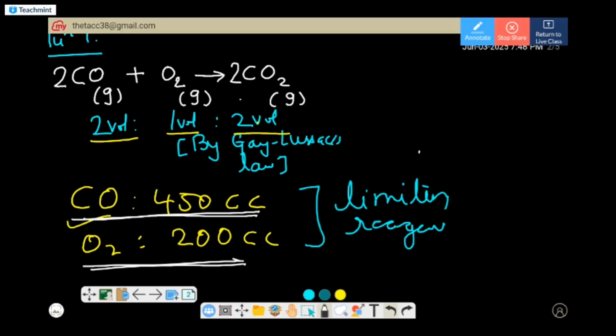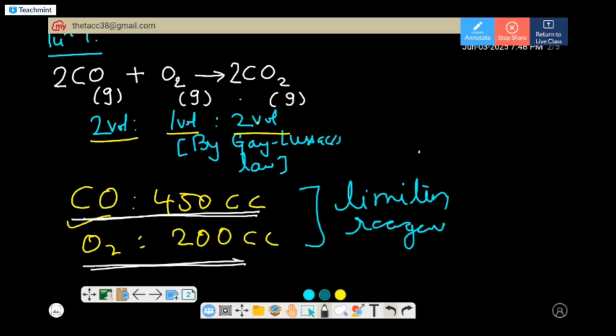Sometimes extra oxygen is given, oxygen will be left out and the other thing gets combusted totally. That can also happen. We will have many questions based on those types as well. So now we are going to pick up the oxygen value and solve the question.